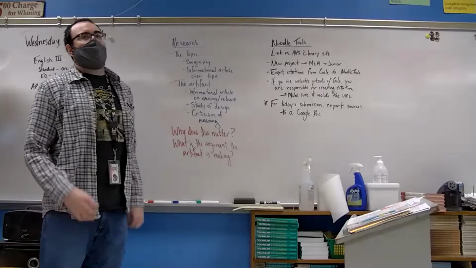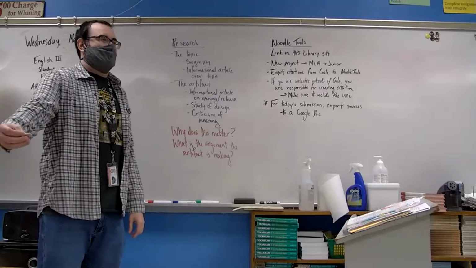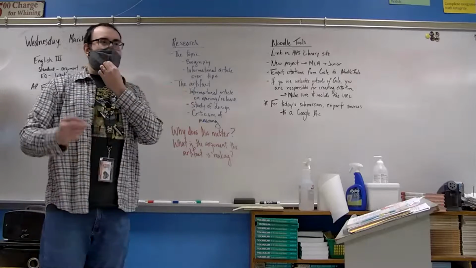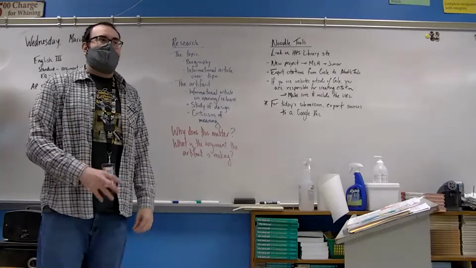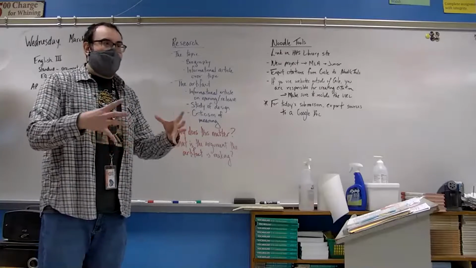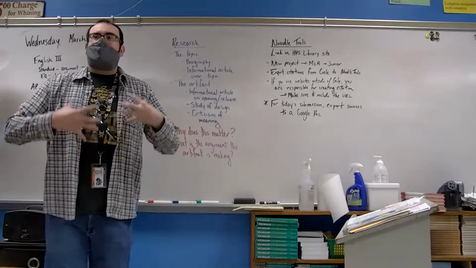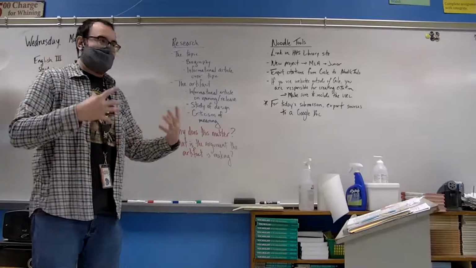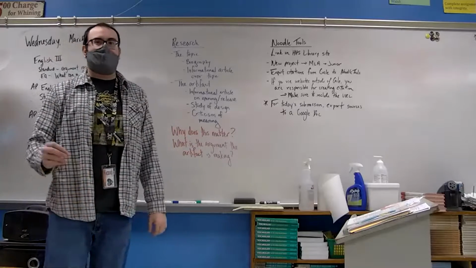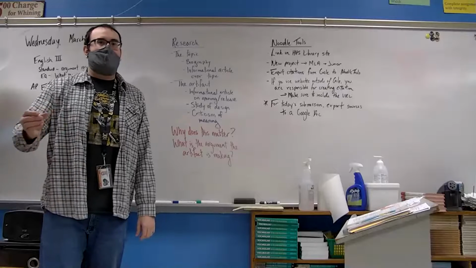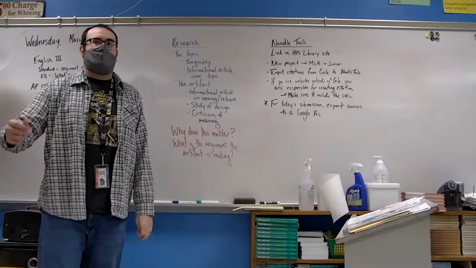So maybe we look for a biography of Rosa Parks. Maybe we look for an informational article about that incident on the bus. We look for something that can inform our perspective, because again, it's presenting a viewpoint and a perspective on Rosa Parks.